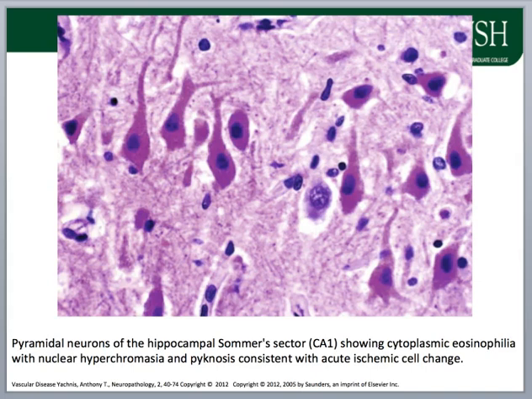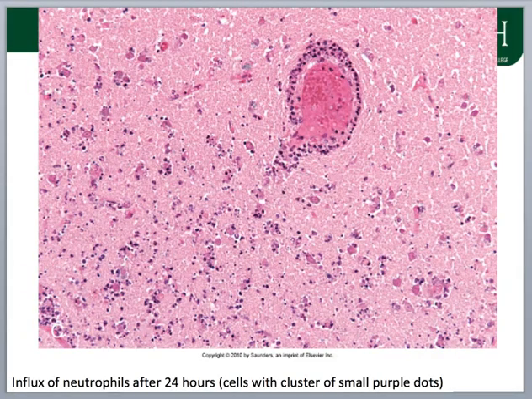This is an image of pyramidal neurons of the hippocampal Sommer sector, also showing cytoplasmic eosinophilia with nuclear hyperchromasia and pycnosis, again known as red neurons, consistent with acute ischemic cell change. This image shows an influx of neutrophils after 24 hours. These are the cells with clusters of small purple dots. You can see them surrounding this blood vessel and extending into the neuropil.